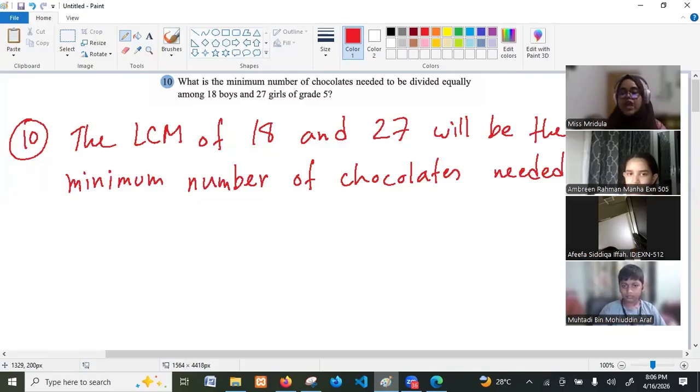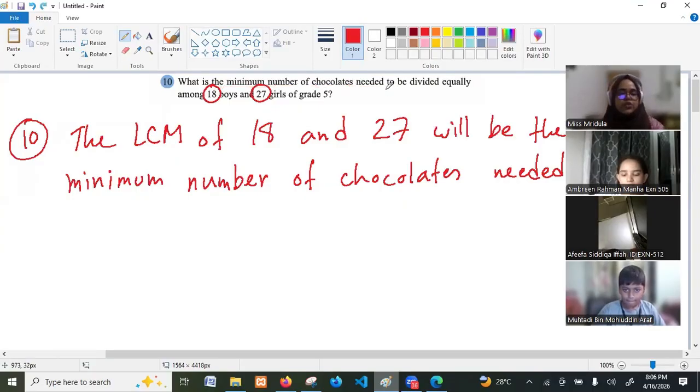Okay, so we need to start with a sentence and tell them at the very beginning that we know that we need to do LCM, or if it was HCF, so that after reading the first line, the teacher understands that the student knows that he has to do the HCF or LCM. That's why we need to state that the LCM of 18 and 27, as you can see, these are the only two numbers. So obviously we need to find out the LCM of these. So the LCM of 18 and 27 will be the minimum number of chocolates needed.